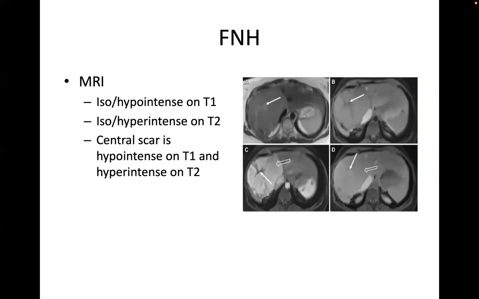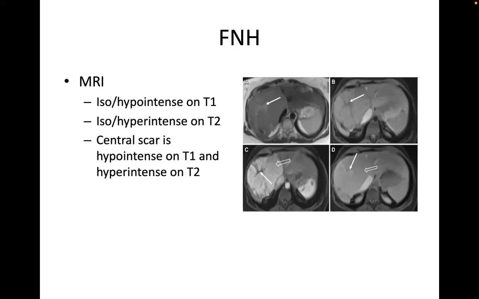These are different pictures of the MRI of the FNH. You can see that the central scar is hypointense in picture C, and hyperintense in picture A and also in picture D, compared to the rest of the lesion.